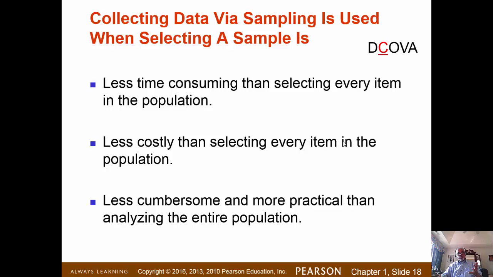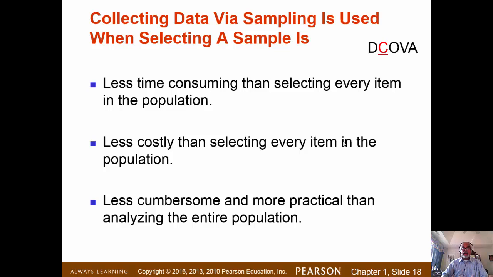it's less time consuming to measure only a few individuals, as opposed to collecting data from the entire population, which may be very costly, time consuming, cumbersome, and maybe impractical too. If you talk about the population of the entire United States, census is a measurement of the entire population, and even that, it's not possible for them to record data from everybody.